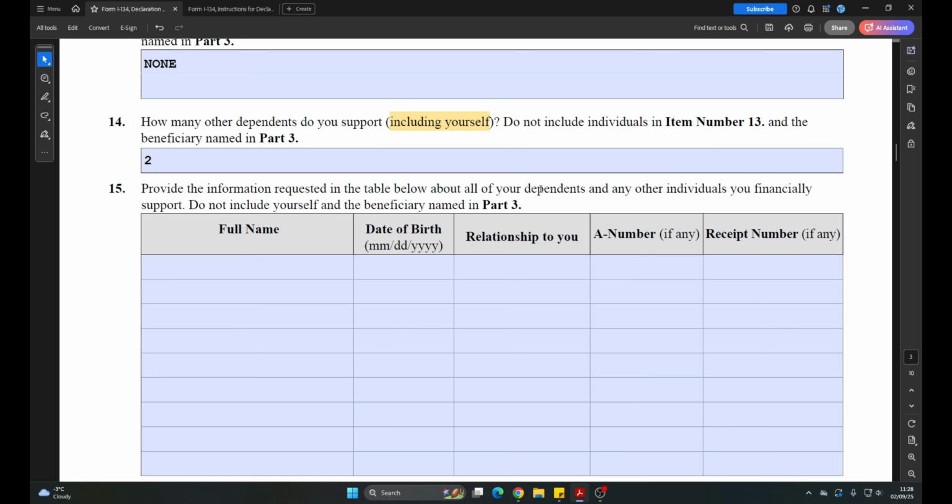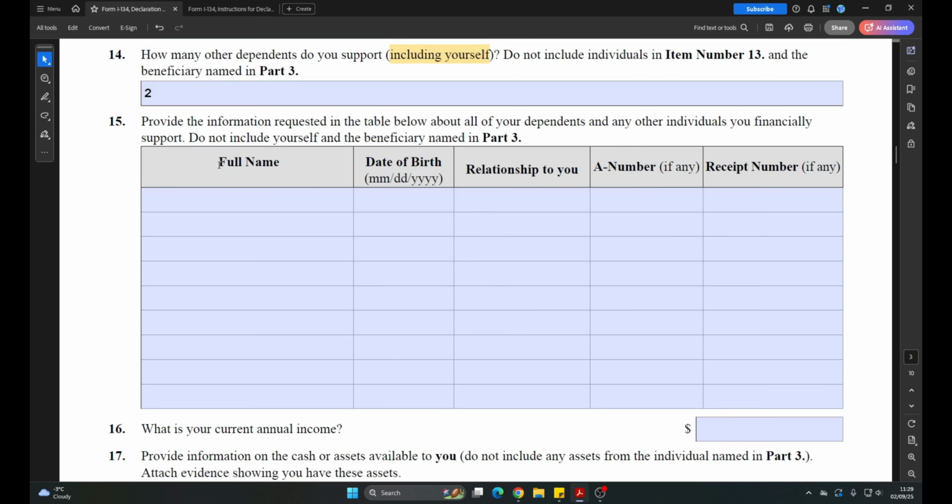This is asking for anybody whom you financially support. So this could also include maybe children that do not live with you, or maybe you don't have custody of them. But if you do send child support, for example, or something like that, even if those kids don't live with you, or even if you don't claim them on returns, you still have to include those children here.